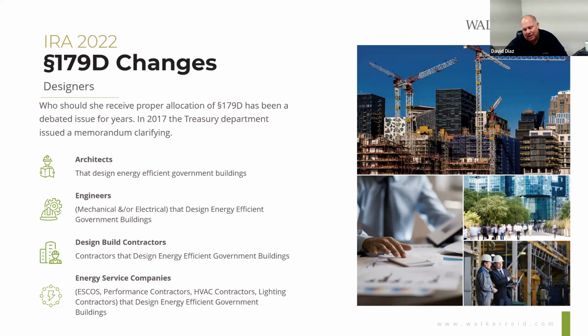It's basically taking a new building or major improvements done to an existing commercial building, and you are reclassifying because you meet certain energy requirements. You have the opportunity to bring a 39-year asset, or a 27.5-year asset if we're looking at residential apartments, into year one in the form of accelerated depreciation.